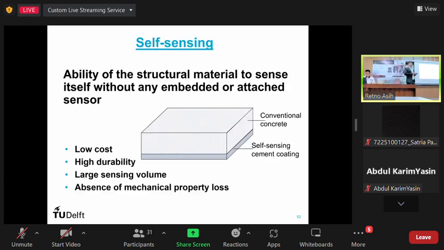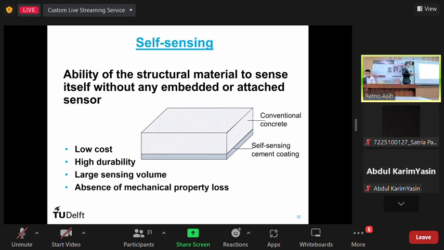Well, and the last bit, before I give the floor to Dr. Swarta to talk more about this, is self-sensing structures, where you actually design your structure to sense itself.